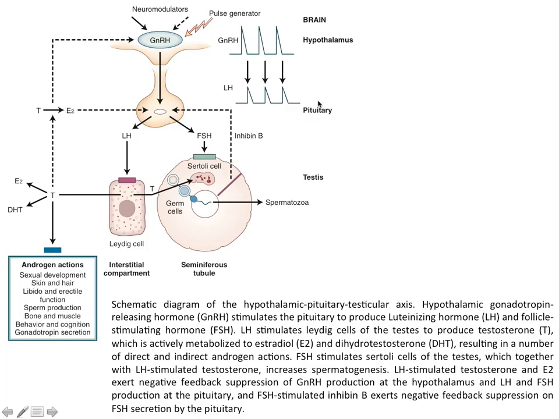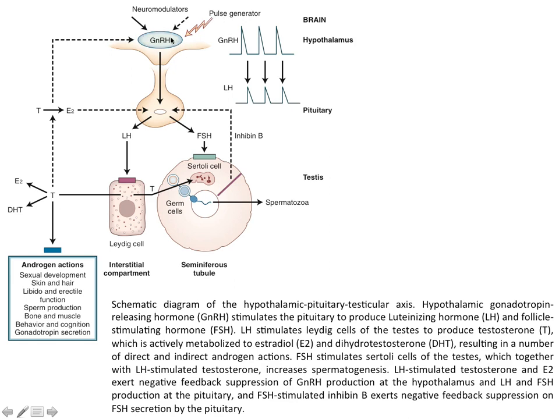Now here you can see the tight coordination between the hypothalamus, pituitary and testes of male reproductive hormone. As you know, this GnRH is produced from the hypothalamus under the induction of a neuromodulator or by the pulse generator.